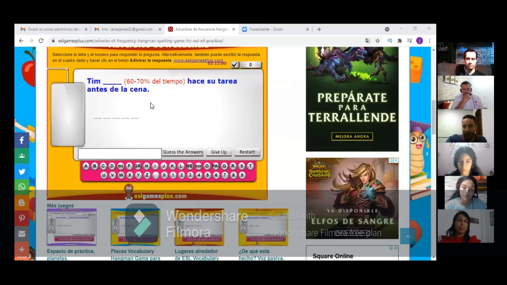Let's start with Daniela. Please, could you tell me what you consider, according to this picture? Here we have a space that we have to fill with an adverb of frequency, okay? What do you consider is the adverb of frequency?